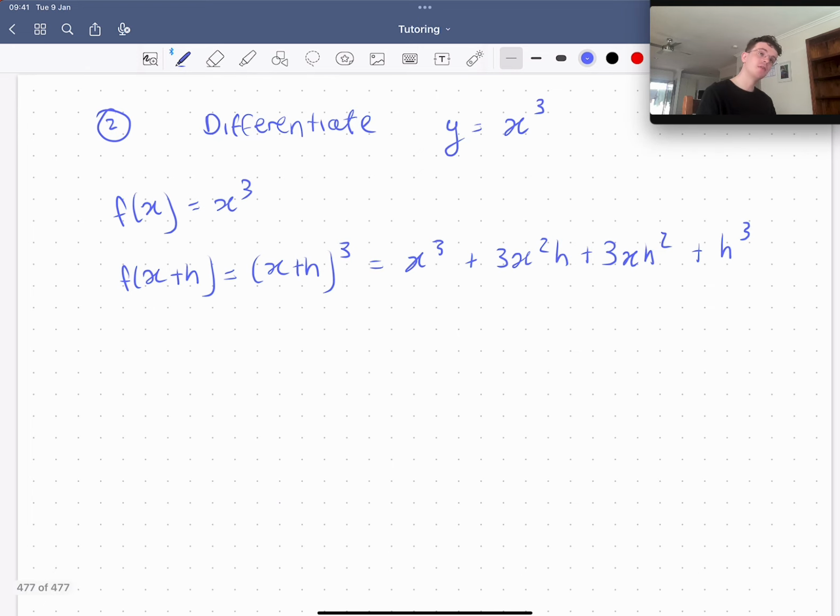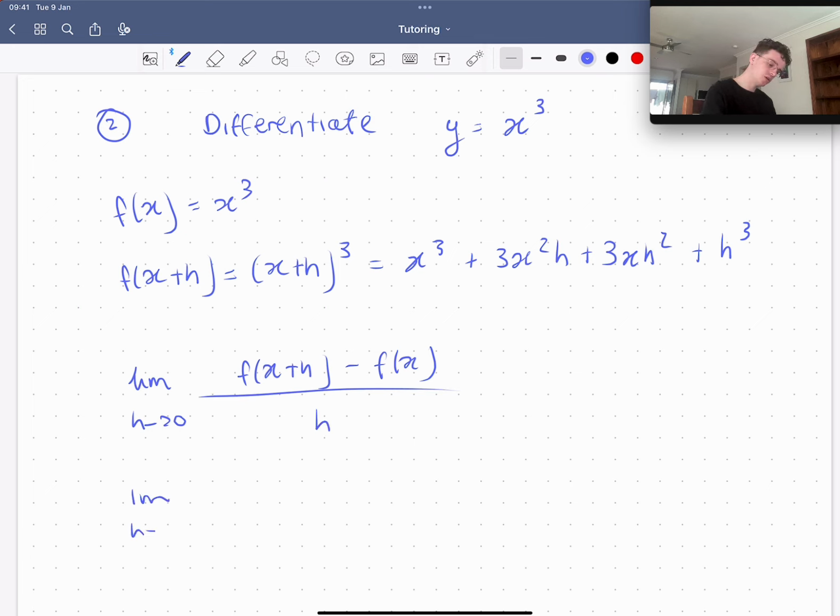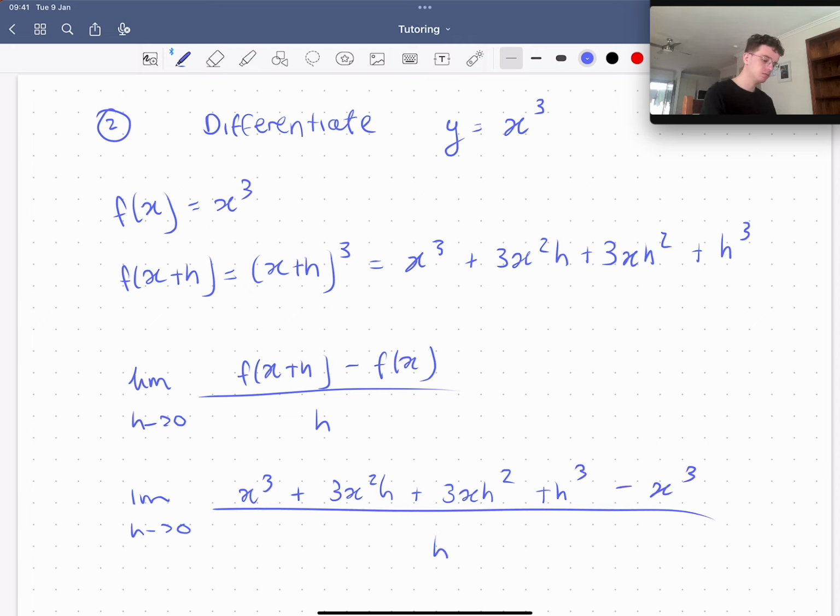Substituting into our fundamental theorem of calculus, which is the limit, as h goes towards 0, of f of x plus h minus f of x over h. So the limit, as h goes towards 0, of f of x plus h is x cubed plus 3x squared h plus 3x h squared plus h cubed minus x cubed, minus f of x on h.